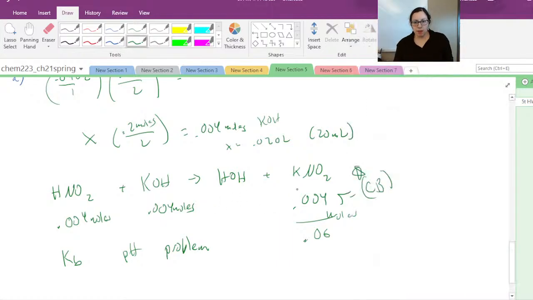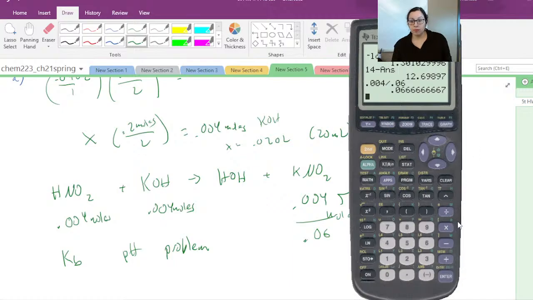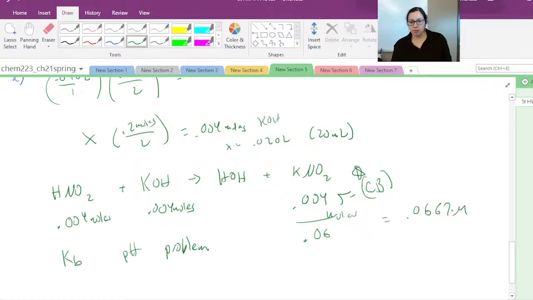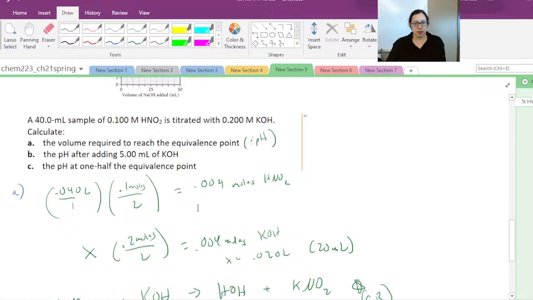All right, so now that's our molarity. Or again, right, our potassium nitrite. And so now we're ready to do just a good old equilibrium problem like we've done before.